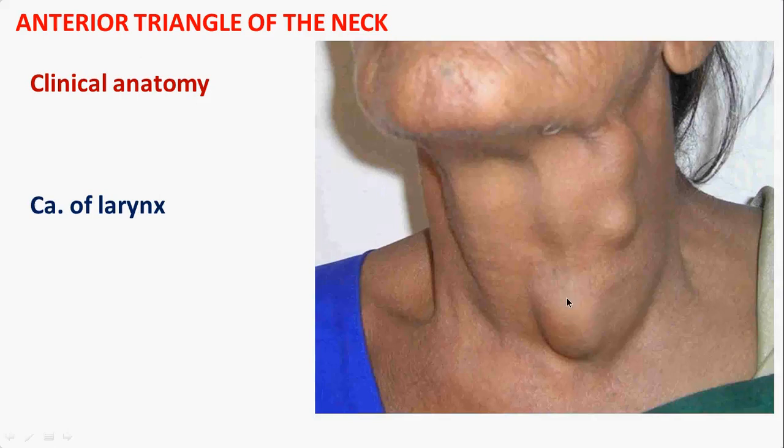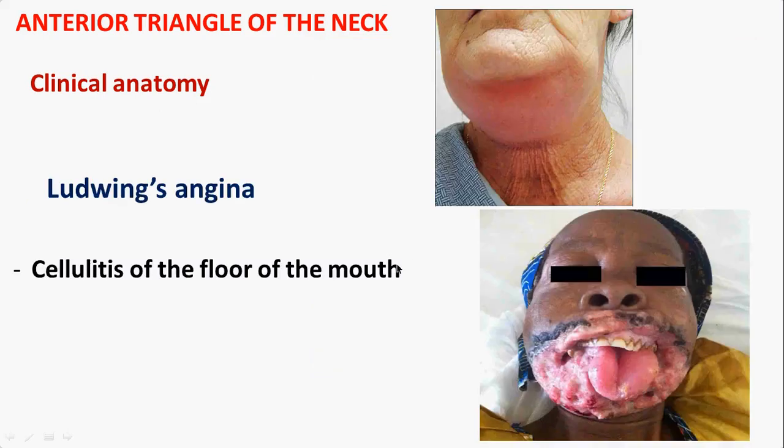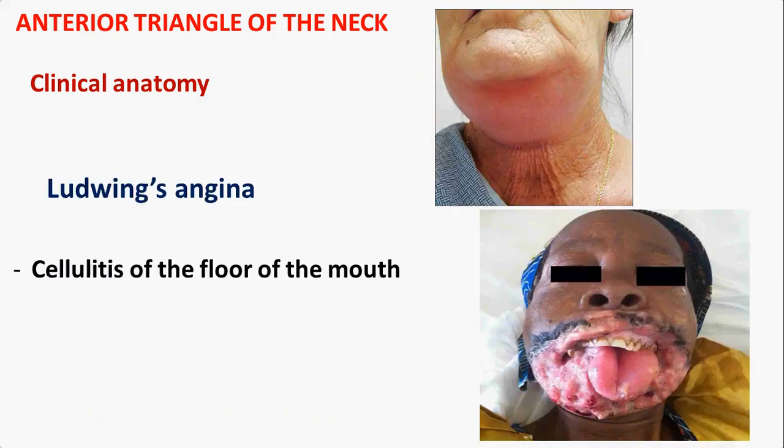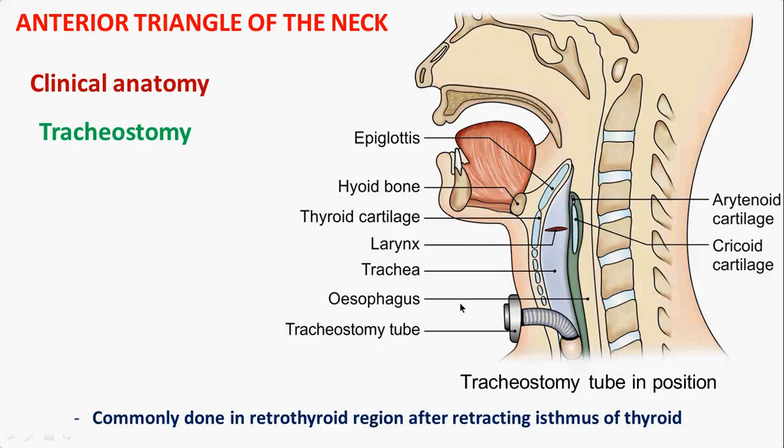Carcinoma of the larynx may be a midline swelling. This is Ludwig's angina, which is cellulitis of the floor of the mouth. This can also occur. So these are all the differential diagnoses of the midline swelling.